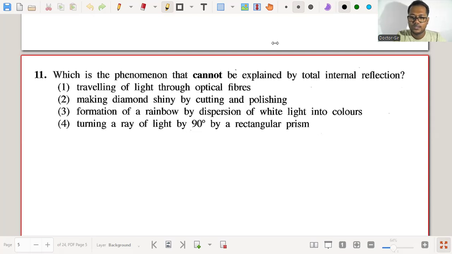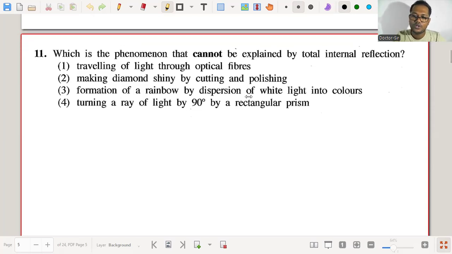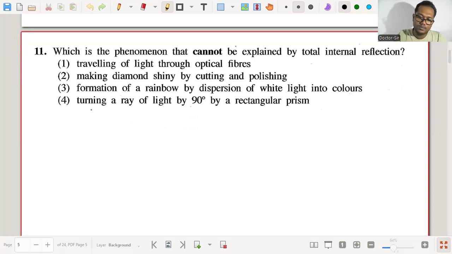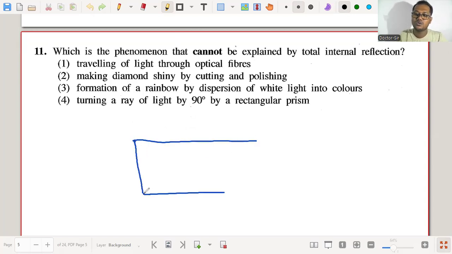They are asking this question: which is the phenomenon that cannot be explained by total internal reflection? Total internal reflection means if you take one medium, that can be glass or water or something, and the ray is inserted here, it should reflect internally again and again.